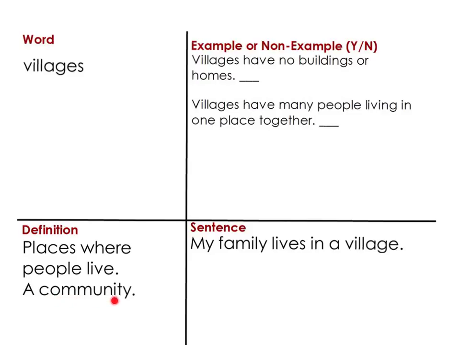A community. Let's read the sentence. My family lives in a village. Let's read the example or non-example. I'll read it. Villages have no buildings or homes. Villages have many people living in one place together.